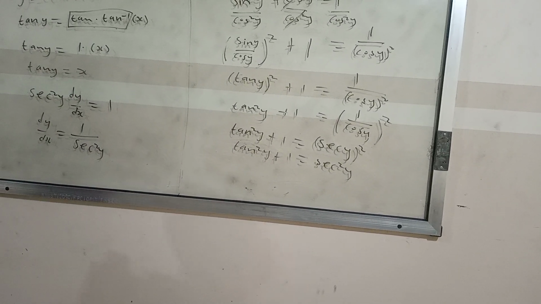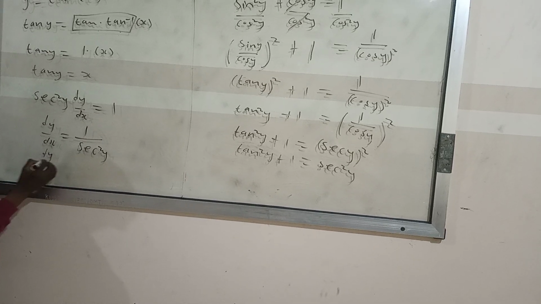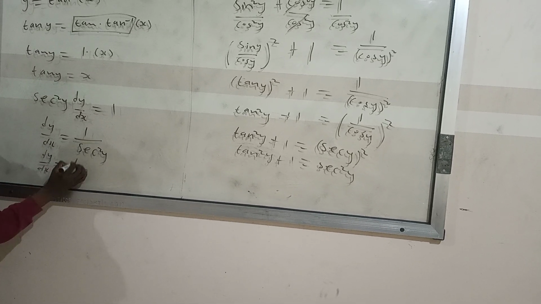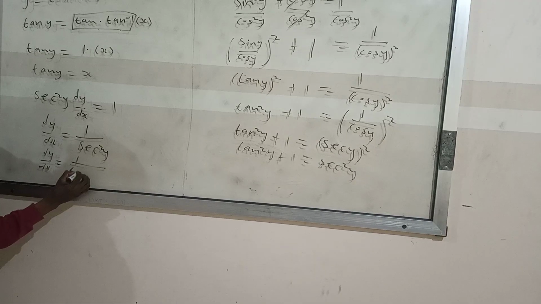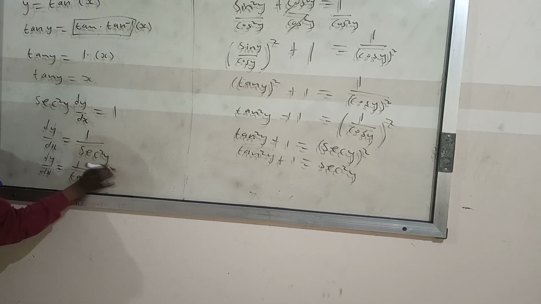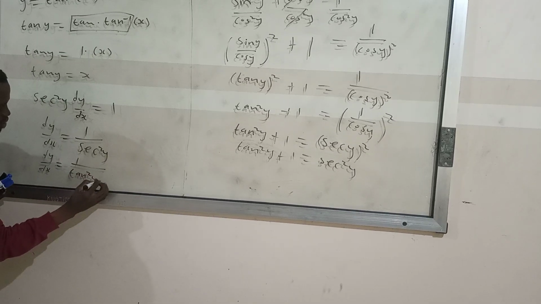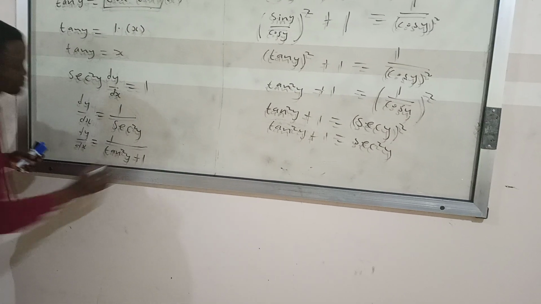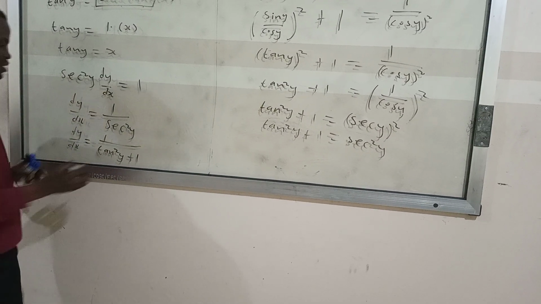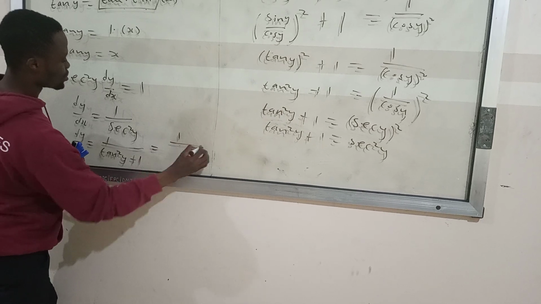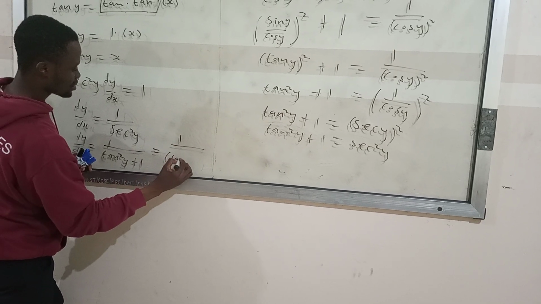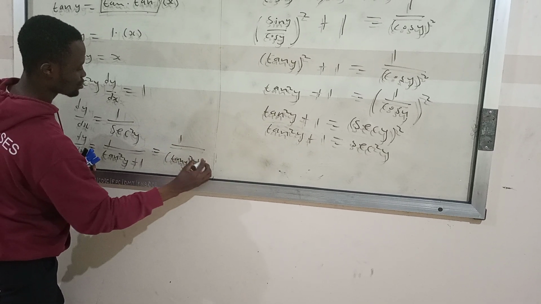So if you do so, you're going to get dy/dx equal to 1 over tan square y plus 1. This one you can write as 1 over tan y all squared plus 1.